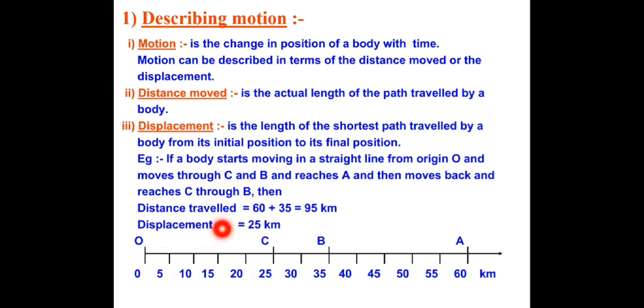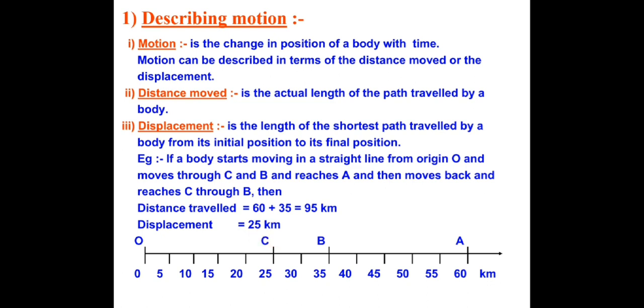So here you can notice distance travelled is maximum, 95 kilometer. It is the actual length of the path travelled by a body, and the displacement, that is 25 kilometer, is the length of the shortest path travelled by a body.